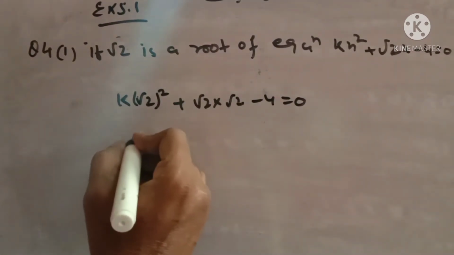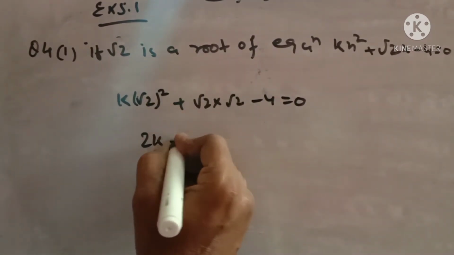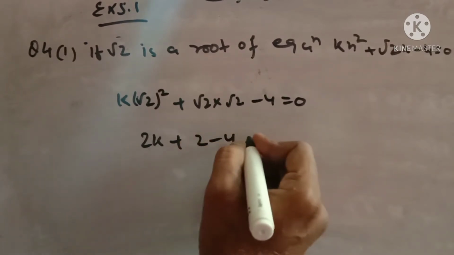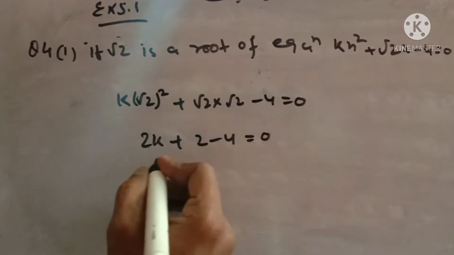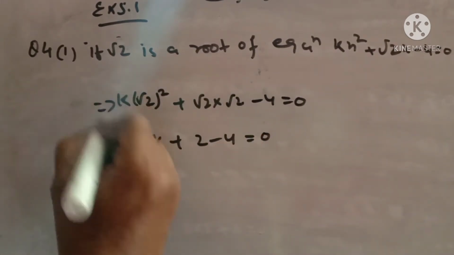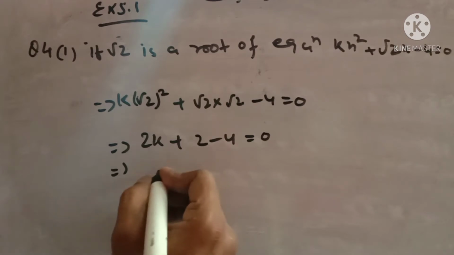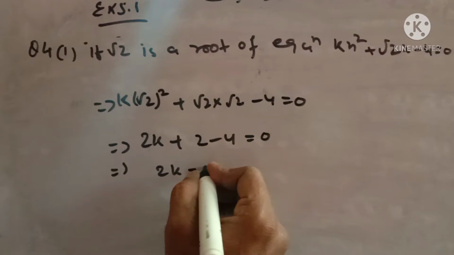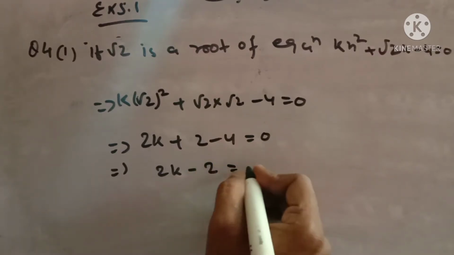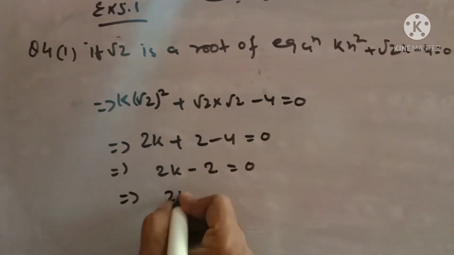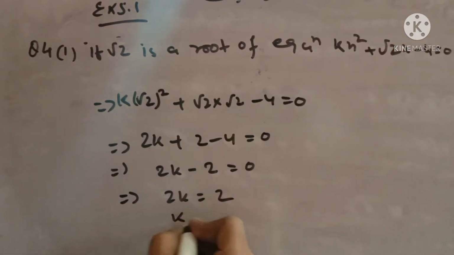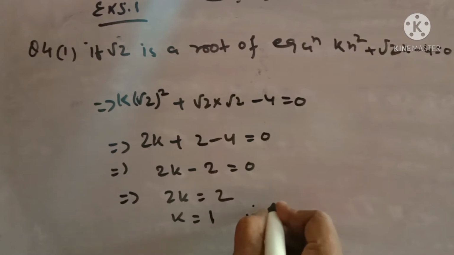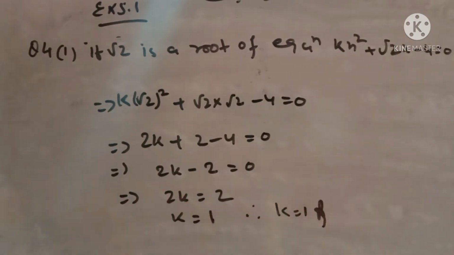Now 2k plus 2 minus 4 equal to 0. This implies that 2k minus 2 equal to 0. 2k equal to 2 and k equal to 1. Therefore value of k equal to 1. Write down please.